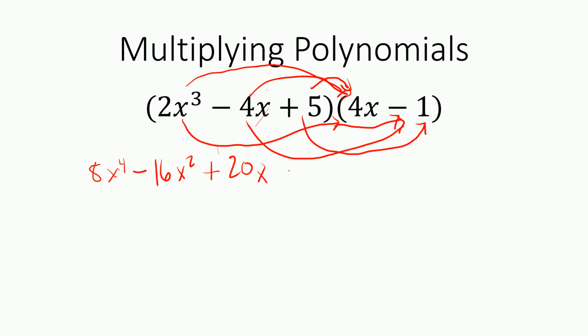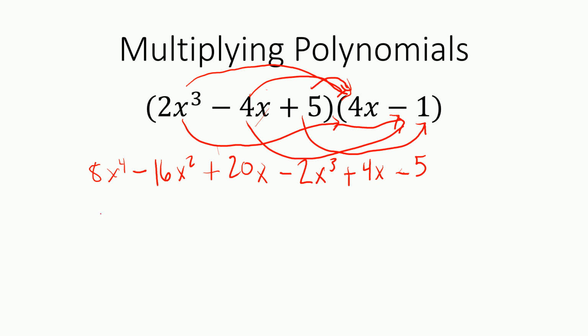And then we go to the other side and do negative 1. So we got 2x cubed times negative 1 is negative 2x cubed. Negative 4x times negative 1 is positive 4x, because a negative times a negative is a positive. And then 5 times negative 1 is negative 5.